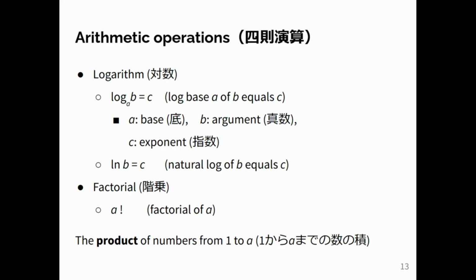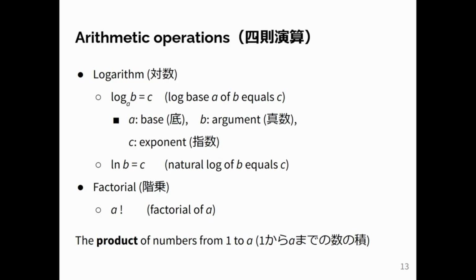And also, in foreign countries, they use the notation ln b equals c. ln means the natural log, 自然対数. And the 自然対数 is sometimes written in this way.